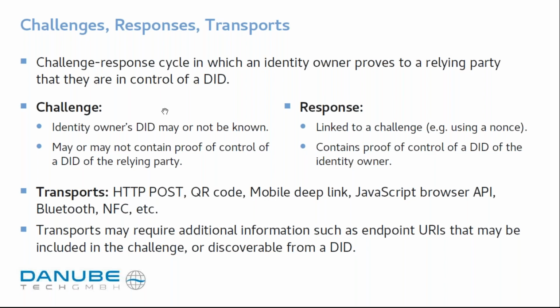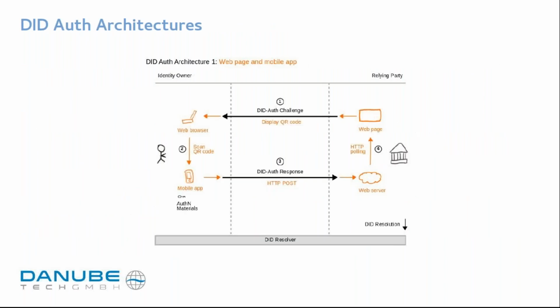But it's also possible in some scenarios to do mutual authentication, where both the relying party and the identity owner prove to each other control of a certain DID. And so this is sort of a high-level introduction to this challenge response pattern that we see between relying party and an identity owner to authenticate.